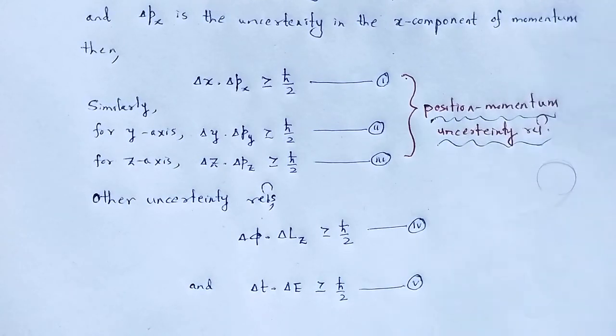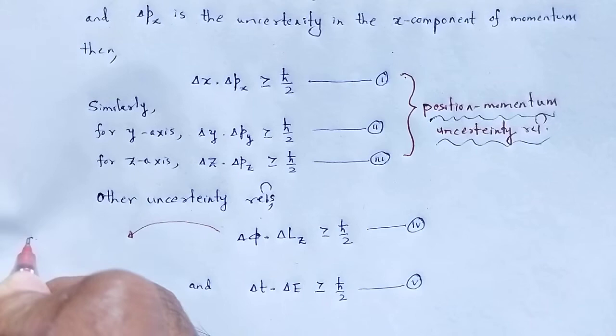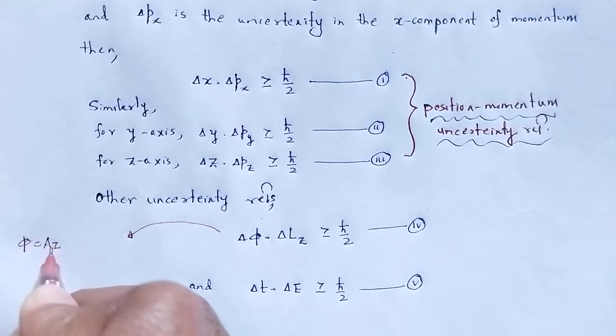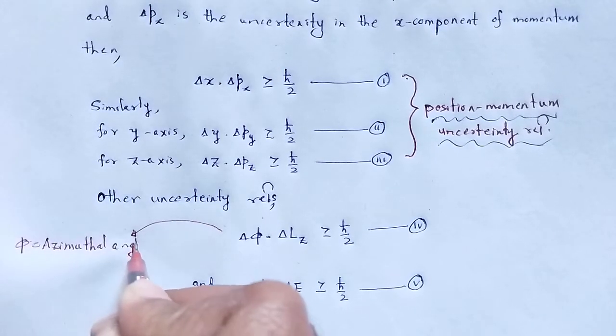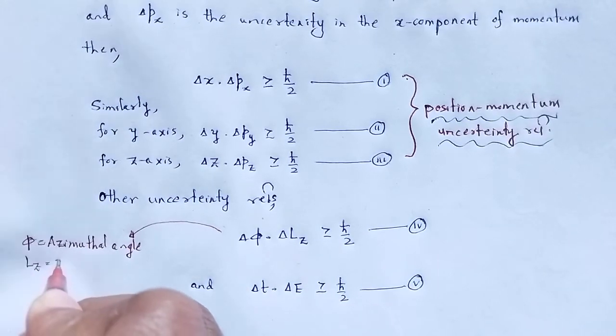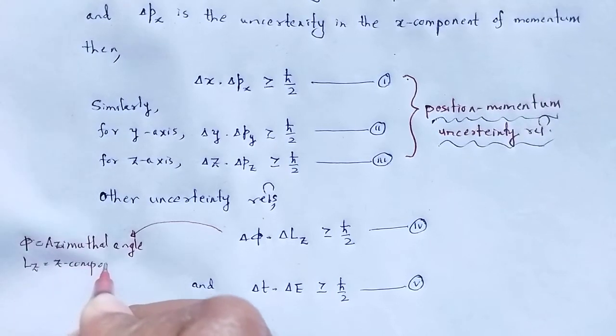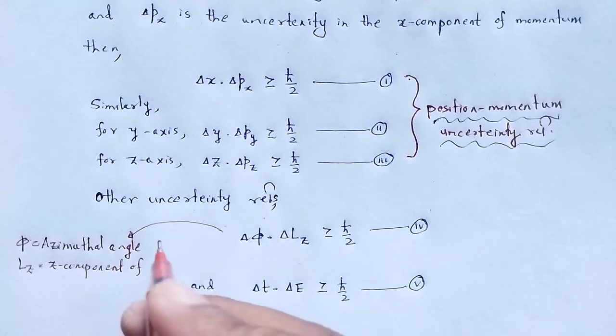Look at these two equations. Here phi refers to the azimuthal angle, and Lz is the z component of orbital angular momentum.